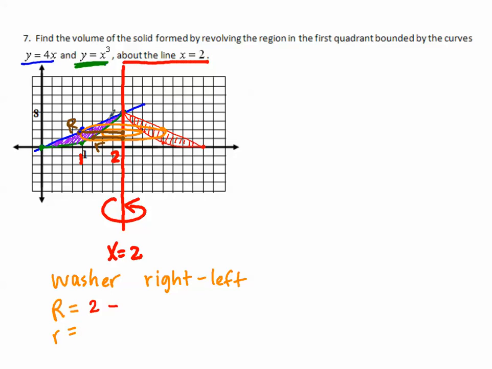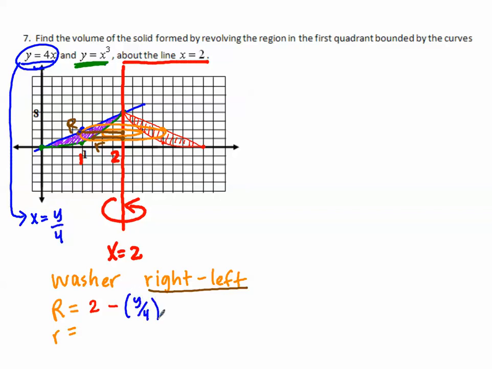Well, if that's y equals, remember that right minus left is in the x direction, which means I want it to be x equals something, not y equals. So x equals, if I solve that equation, y over 4. Therefore, we're reminded that right minus left means I am in terms of y.